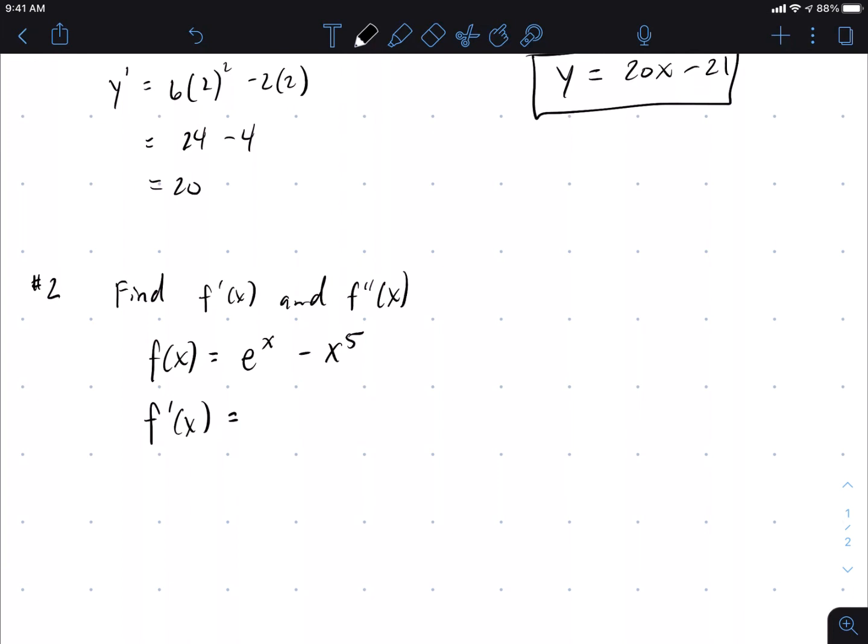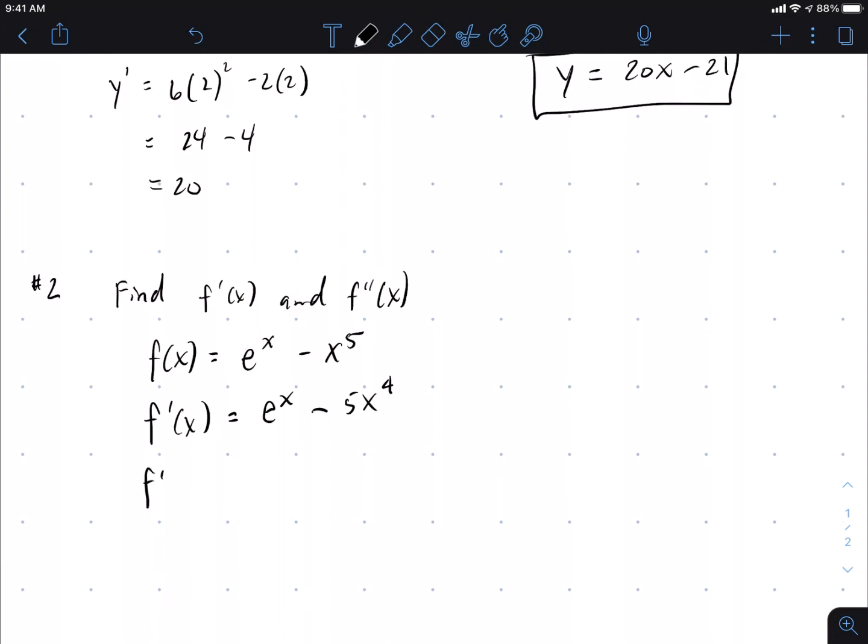e to the x. Okay, that's one of them. That's part of it. Minus 5x to the power of 4. 5x to the fourth, right? It's both parts. Okay.